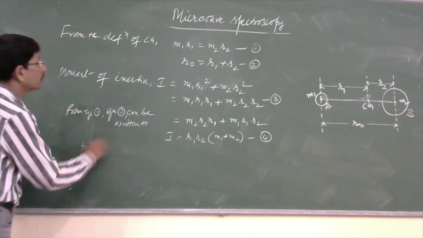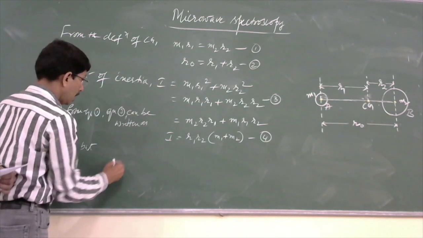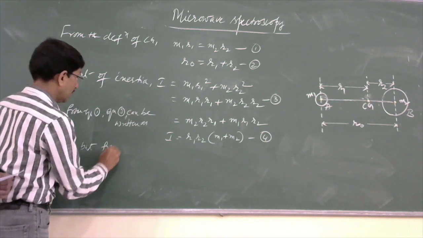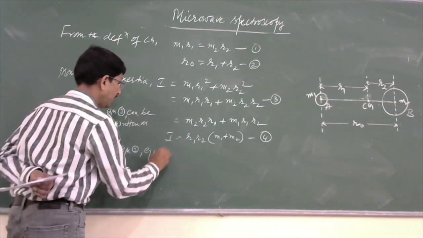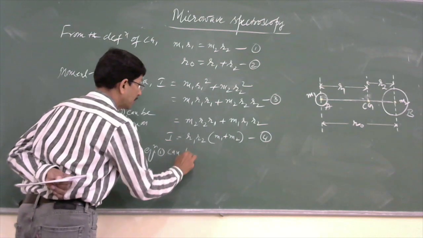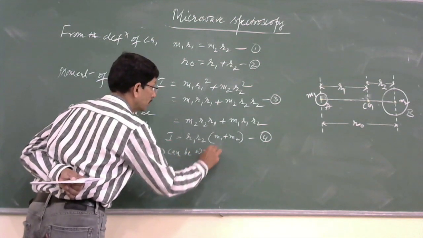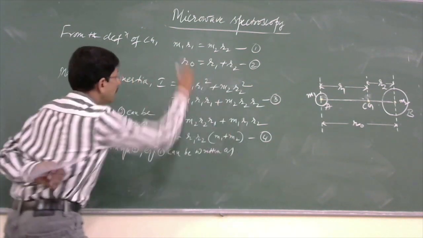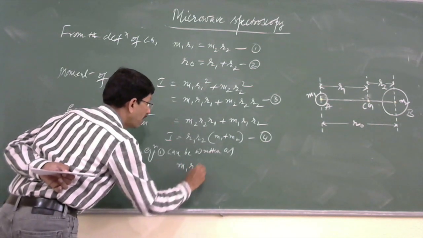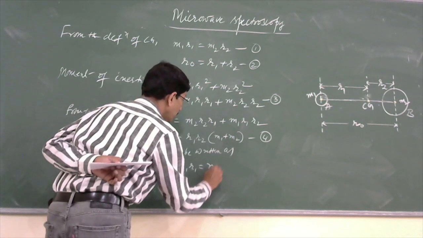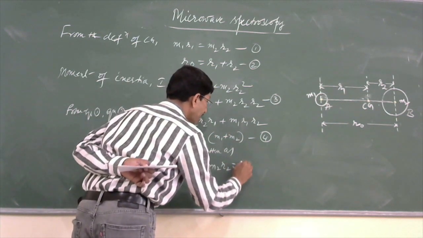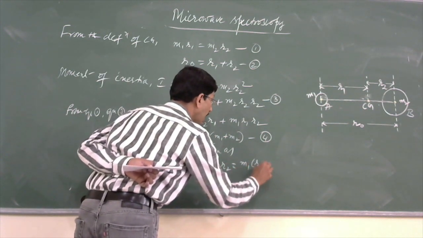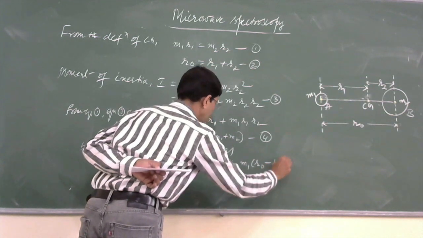But from equation 2, equation 1 can be written as M1 R1 is equal to M2 R2, and M1 R1 can be written as M1 into R0 minus R2.